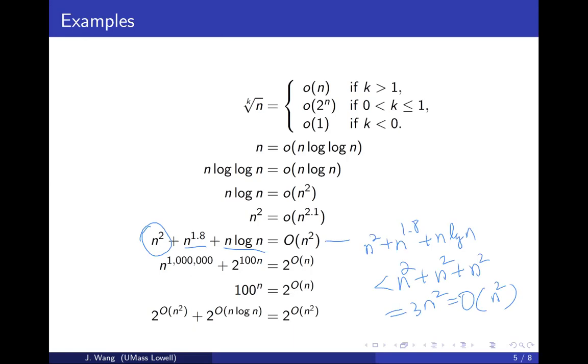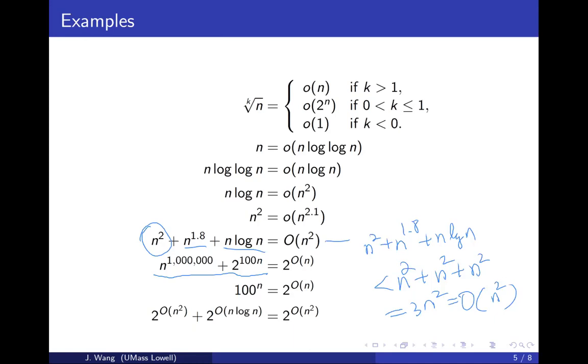Okay, and then we look at this form: n to the 1 million plus 2 to the 100n. You look at the asymptotic dominance.